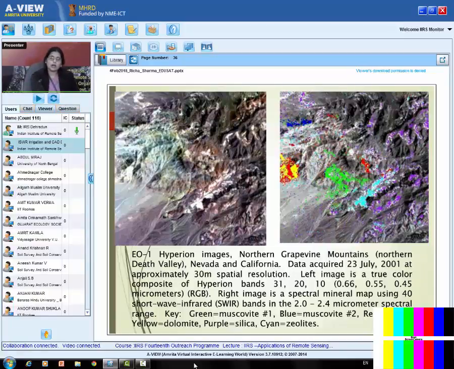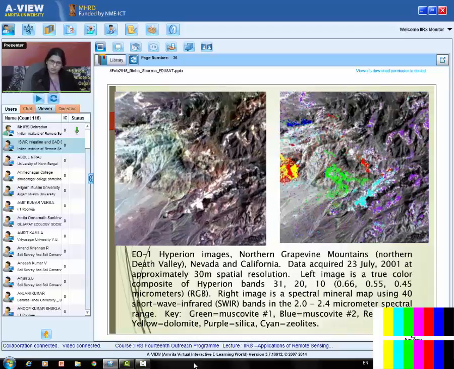The spatial resolution is around 30 meters, and the spectral resolution is around 10 nanometers. For the Hyperion, the spatial resolution we get is 30 meters and the spectral resolution is 10 nanometers. So the left image is the true color composite image. It is a true color image, not FCC.